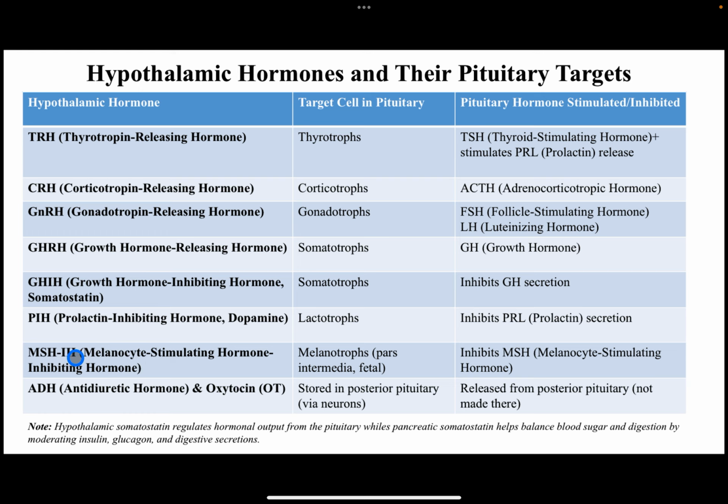Okay, so in summary, these are the hormones produced by the hypothalamus and then the cells that they specifically target in the pituitary gland. Is that okay? So in summary, this is the hypothalamus.